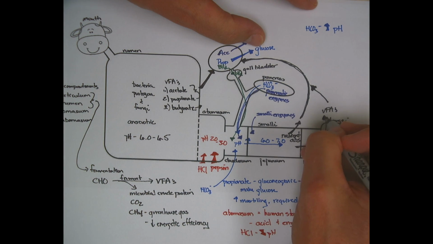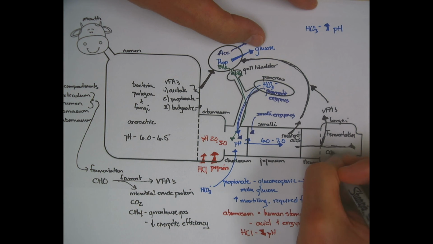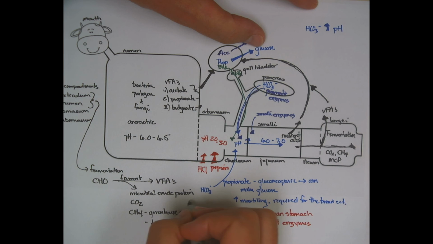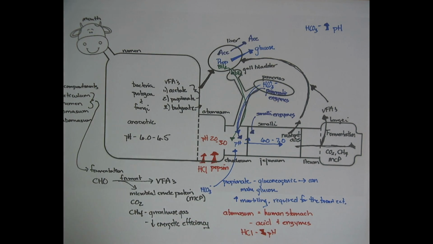Okay, so VFAs, fermentation, large intestine. We also have CO2 being produced, CH4, and MCP, or microbial crude protein. MCP is just a nice acronym for that.